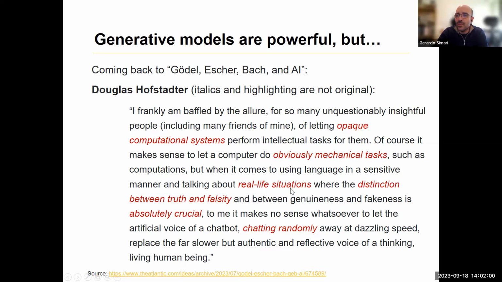I like this: real life situations where you have to distinguish between truth and falsity. I think this is one of the crucial limitations of these models, where they're just trained to repeat what they've seen in the training data, and they really have no grounding, and that's why I'm making such a point here in this lecture.